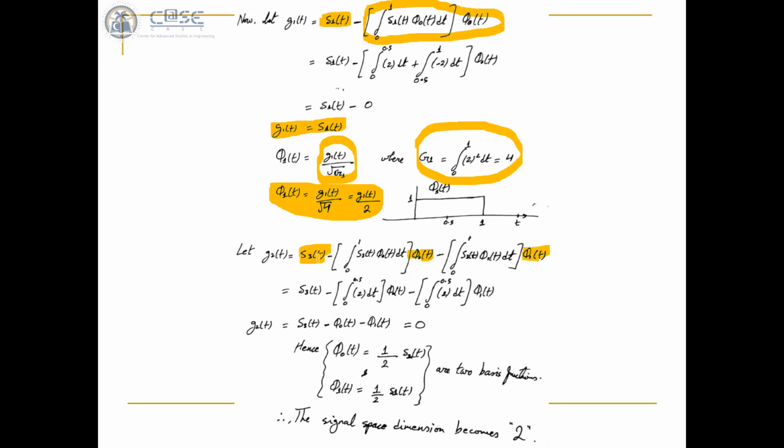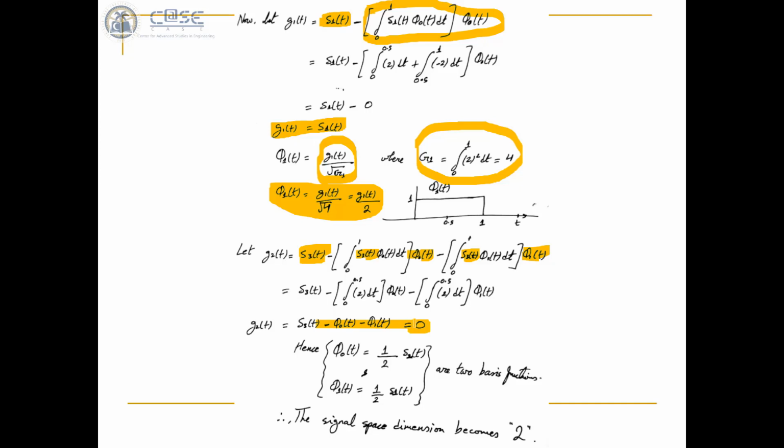So we are going to subtract the projection of S3 of t using the basis functions phi naught of t and phi1 of t from the previously calculated steps. And we are going to subtract these projections from S3 of t. In doing so, we end up getting the result 0.